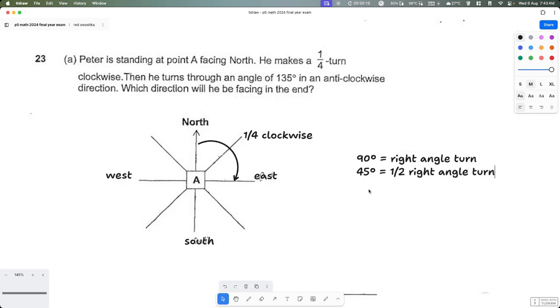So 135 degrees is equal to one and a half right angle turns.